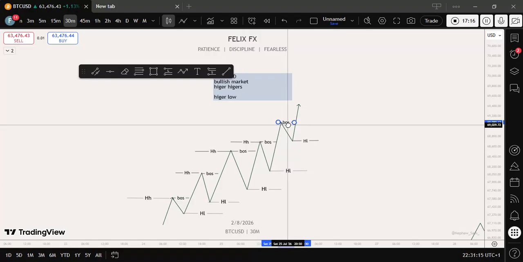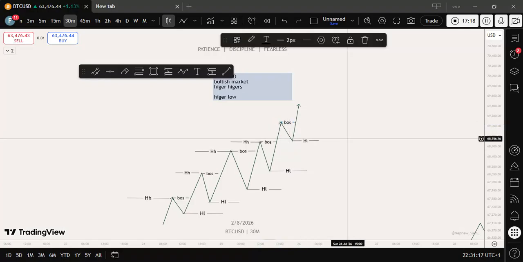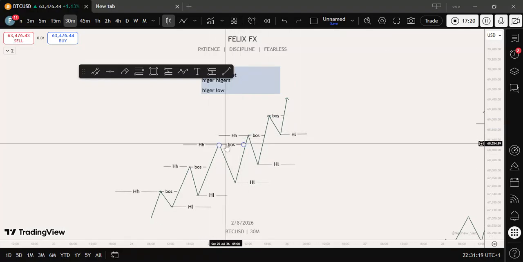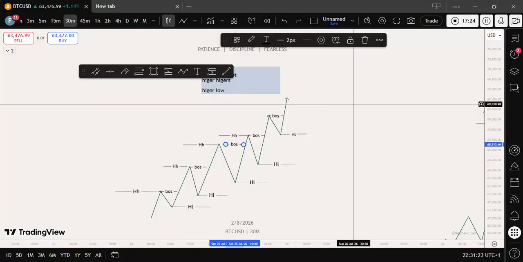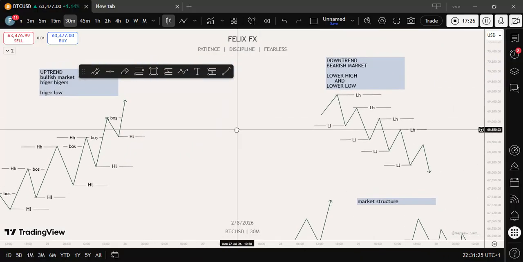POI is the short name for point of interest. So all these zones here are your break of structure. When the market keeps breaking these highs, that is what you call break of structure. Same thing for your downtrend.